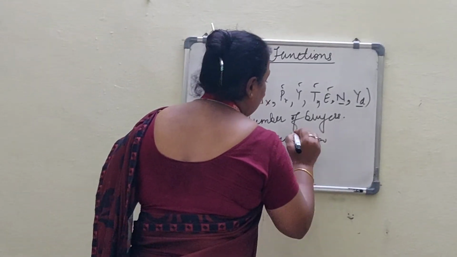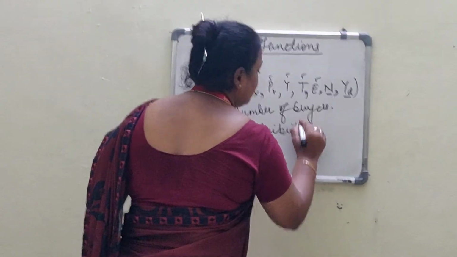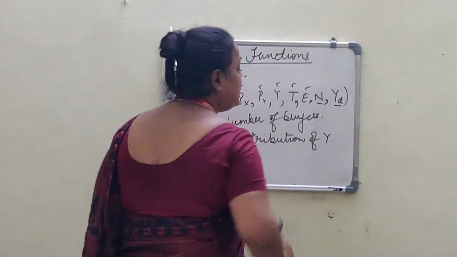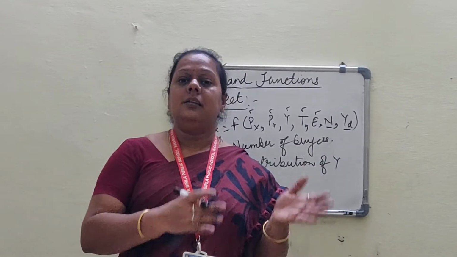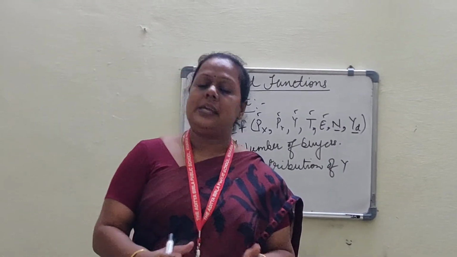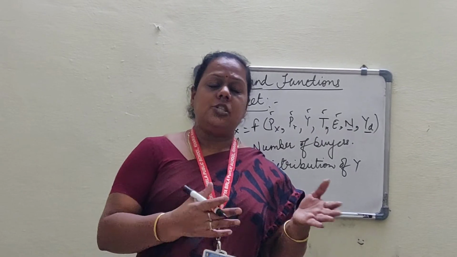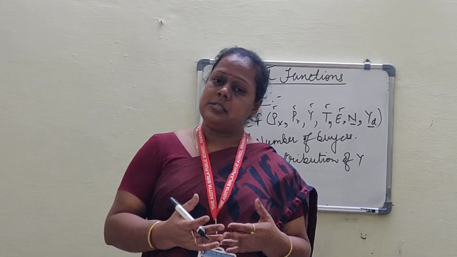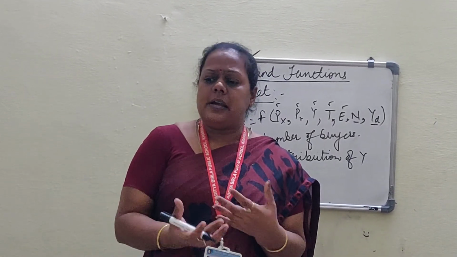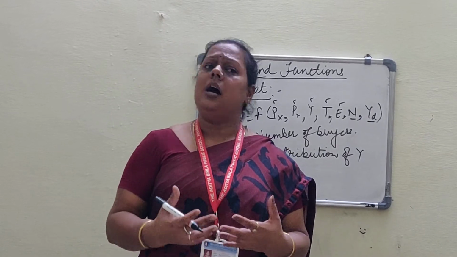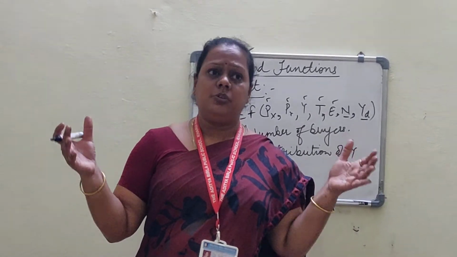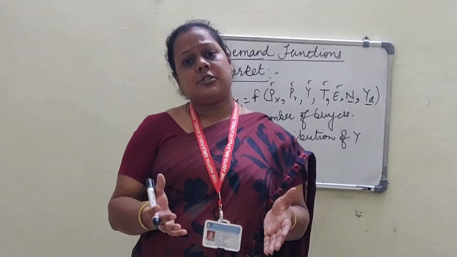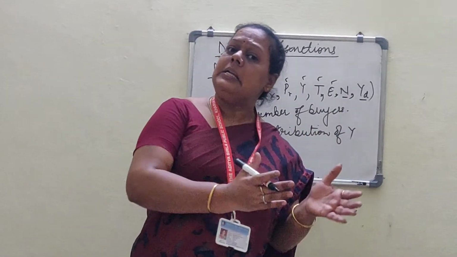Now, distribution of income. If you talk about India, the distribution of income is very uneven. In the chapter you are going to study next year, poverty, you will find that many of the people in India are really very poor. On the other hand, a very big section of our society belongs to the middle section.